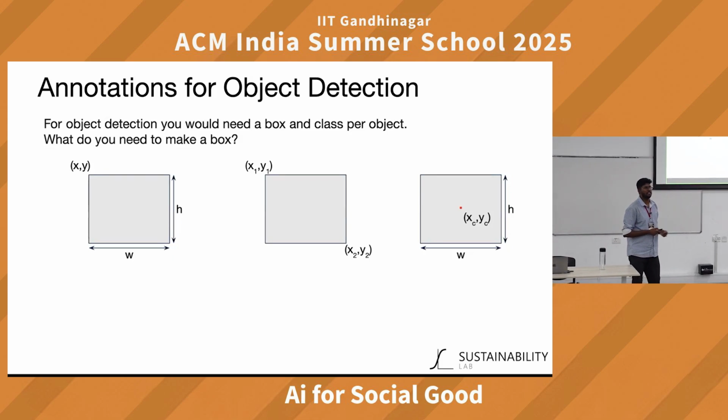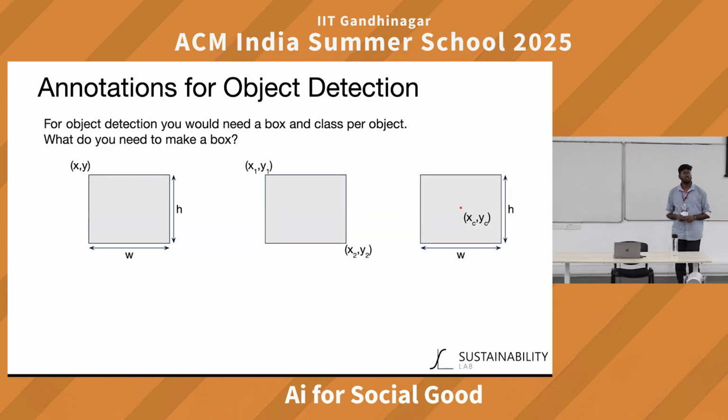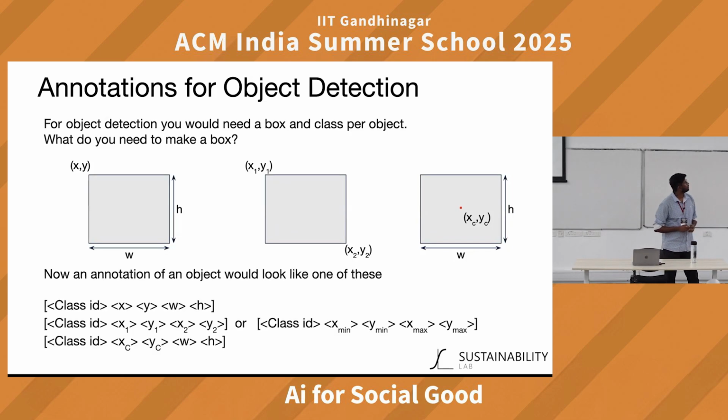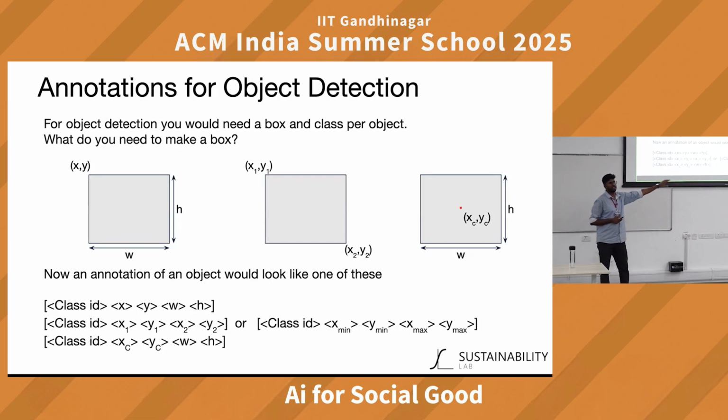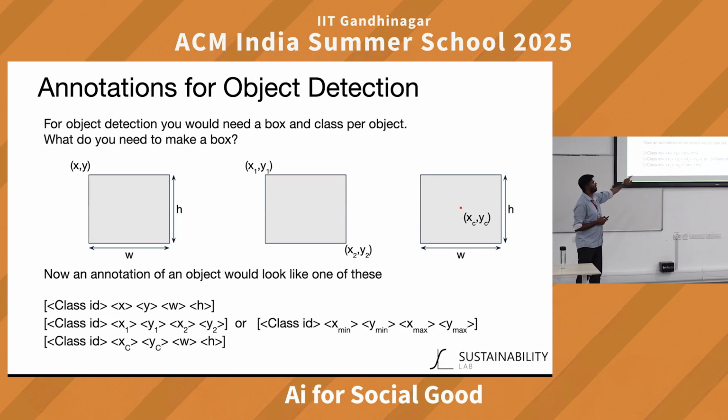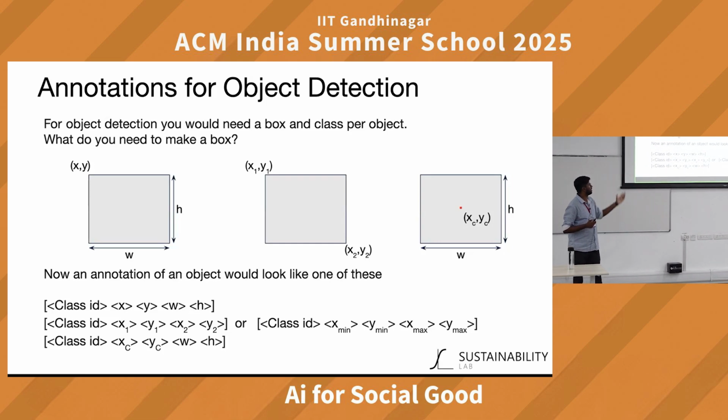You can get the X and the Y axis of the boxes, right? So this is how your annotation would look like. Class ID X, Y, W, H for the first bounding box. For the second one, you would get X1, Y1, X2, Y2, or some people also like to write X min, Y min, X max, Y max.